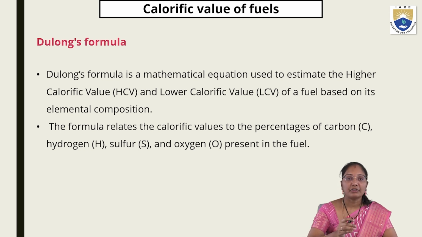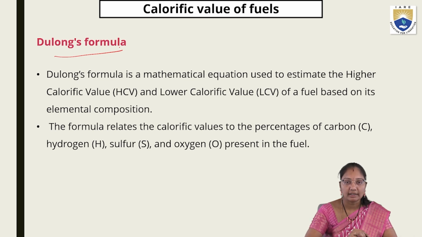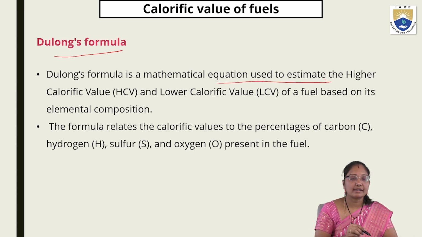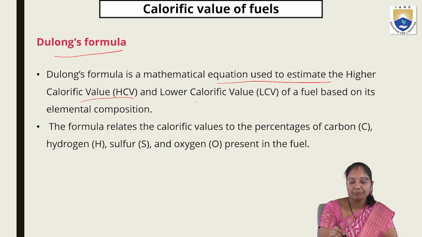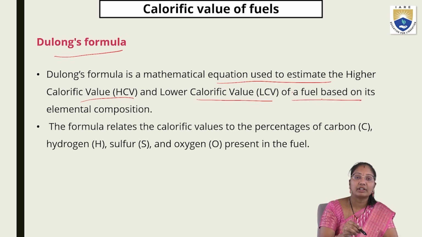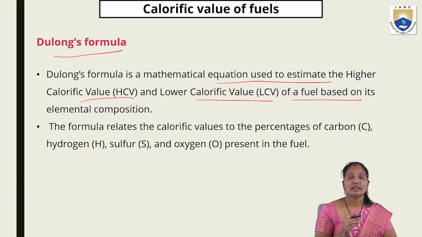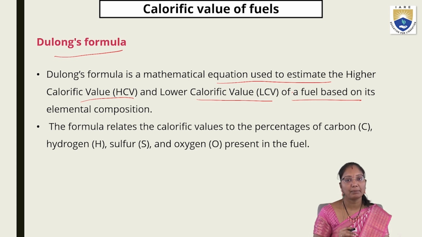The formula we use to calculate this calorific value is Dulong's formula. This is a mathematical expression used to estimate the higher calorific value, or gross calorific value, or the lower calorific value, called the net calorific value, of a fuel based on its composition, meaning its carbon, hydrogen and sulfur composition.